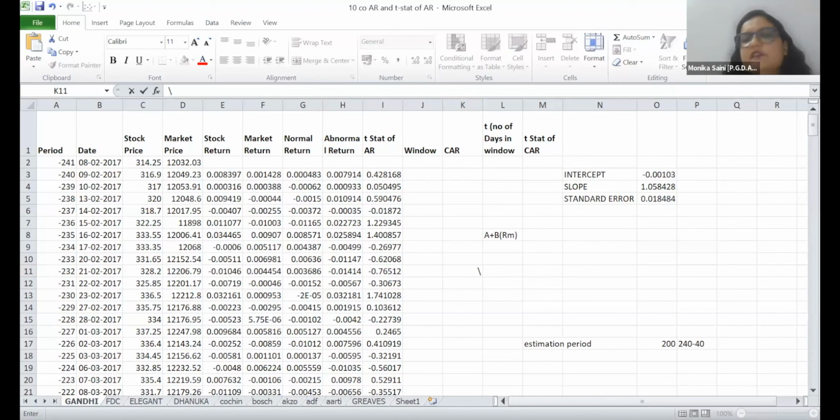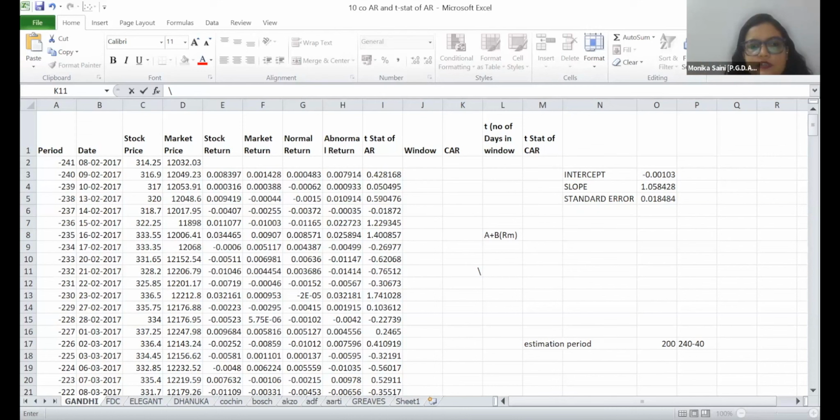For example, if our alpha is 5%, we can calculate the P value in Excel, and we can compare it with 0.05. And we can see if there is a significant difference or not, whether the average abnormal returns are statistically significant or not, right? So, the unweighted cross-sectional average abnormal return is this.